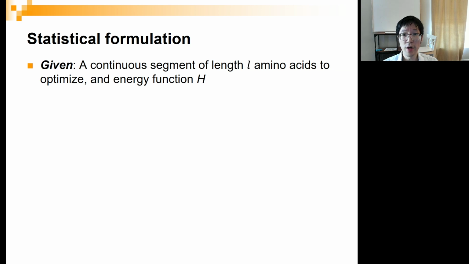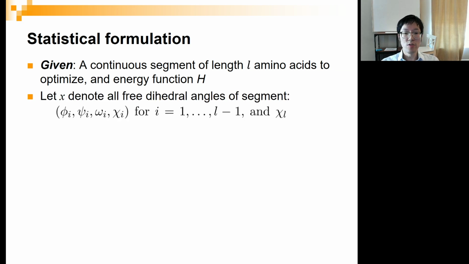We're going to do that guided by an energy function, which we'll call H, which we'll use to assess the goodness of possible conformations. We're going to let X denote what we call the free dihedral angles of the segment.